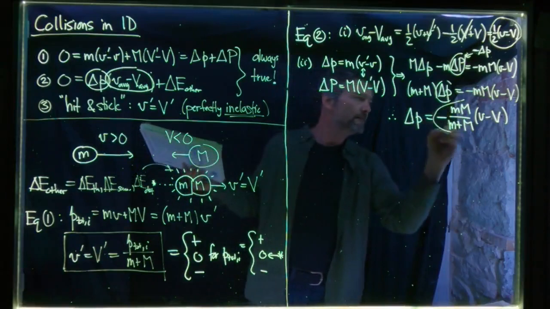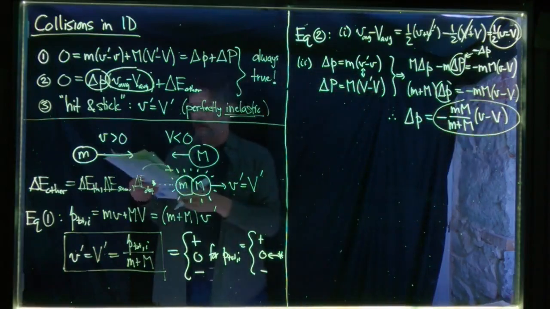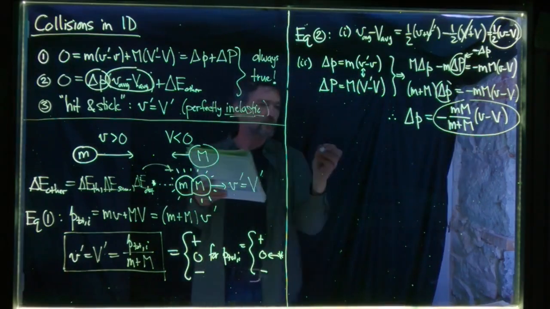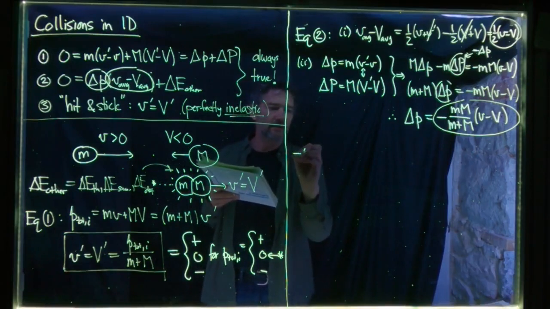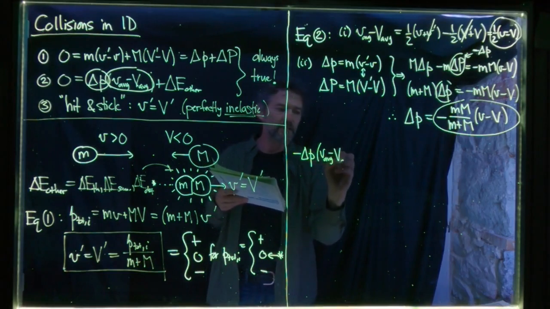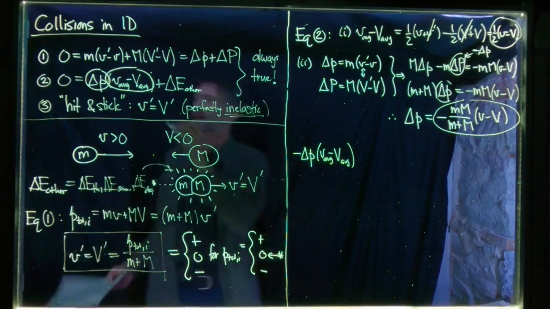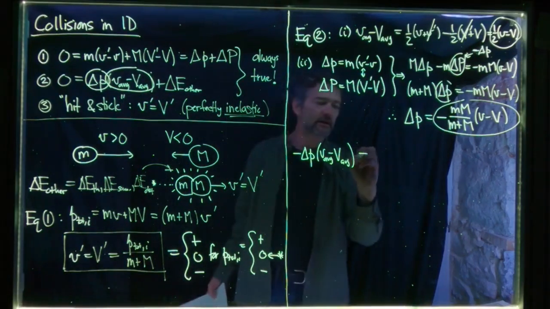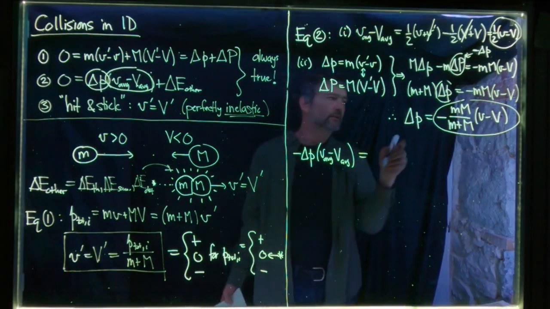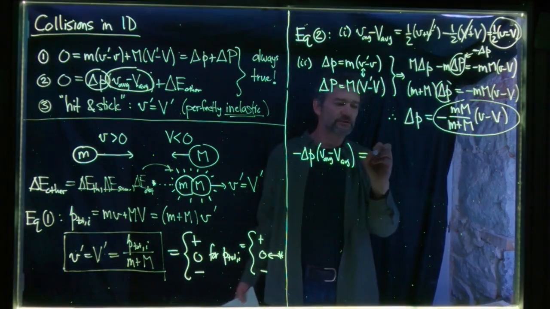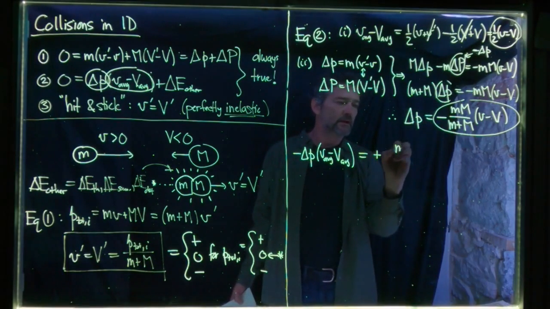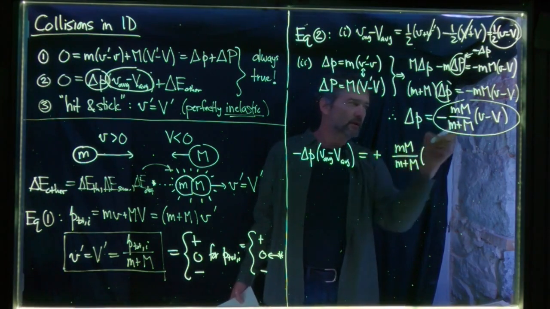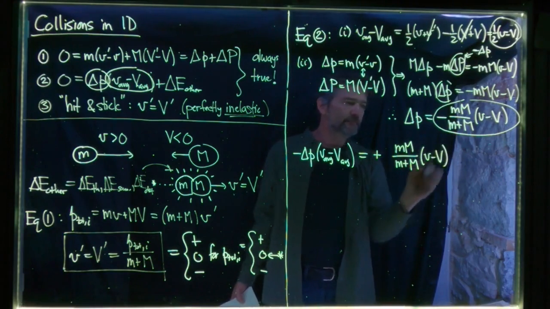That's this thing. Okay? So then we can say, well, that means that negative delta little p times little v average minus big V average. Okay, so that's this thing with a minus sign stuck in front of it. What is that? Well, it's negative delta little p, so negative is a positive, so there's a positive here, and there's a little m big M divided by little m plus big M times little v minus big V, okay?